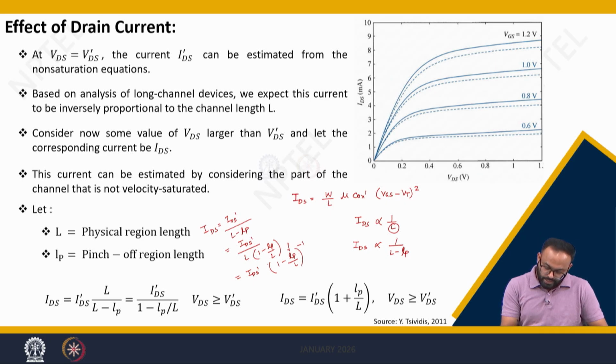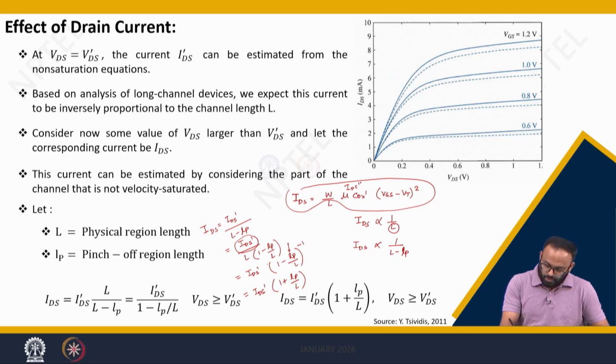Again, considering that LP, the expansion of the depletion region near the drain, is very small compared to L, you can simply rewrite this equation as IDS dash into 1 plus LP divided by L. Do not get confused here that this IDS does not comprise L here. I am just separating it out, and I said that this is my IDS.